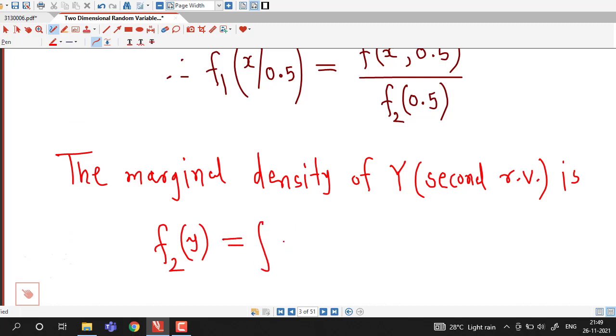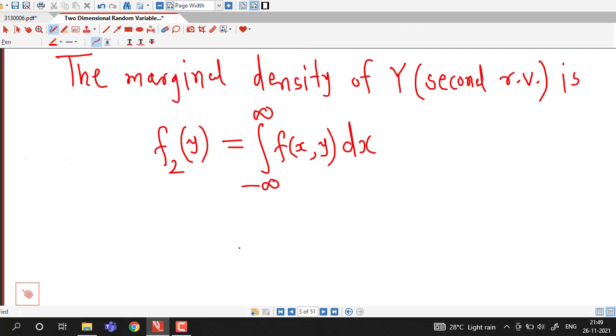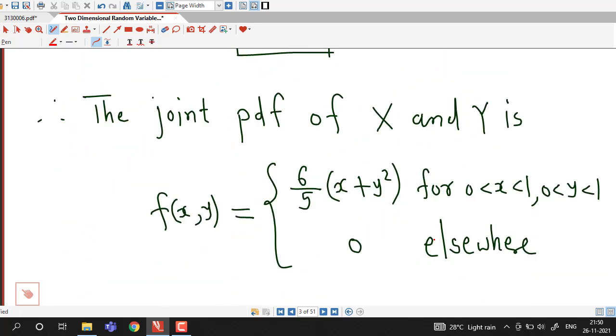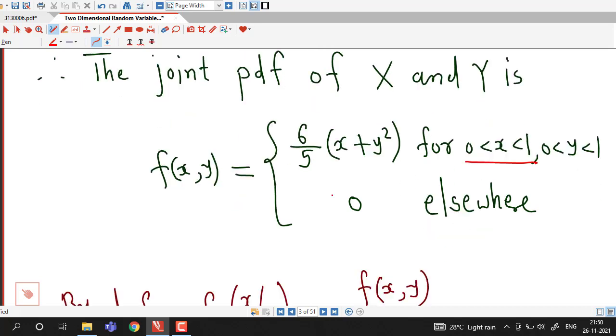So we know that by definition we have to integrate joint density with respect to x over all possible values of x, and here we will consider y as constant. Now we are given that if x is outside 0 and 1, value of joint density is 0, and for x between 0 and 1, joint density is 6 by 5 times x plus y square. So we are using this definition for 0 less than x less than 1, fxy is 6 by 5 times x plus y square.